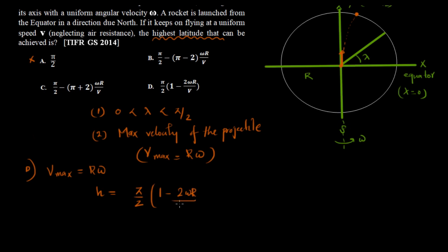Replacing v with r omega, we have pi by 2 times 1 minus 2, that is minus pi by 2. That means the projectile would go below the equator, which is not the correct answer, so we can directly eliminate this. What happens for B and C? We'll check B and C also.